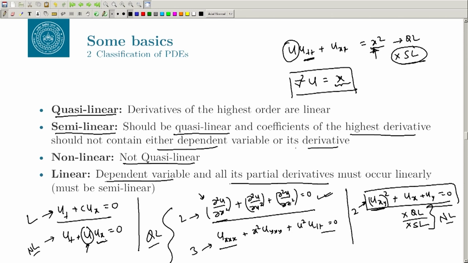In this particular case, your wave is travelling at the speed of sound c. Here, if you want to solve this equation, it is travelling at a speed u, and that u has to be determined from the equation. So, it is non-linear. In another way, you can write this expression u t plus u u x equal to 0 as del u by del t plus u del u by del x equal to 0.